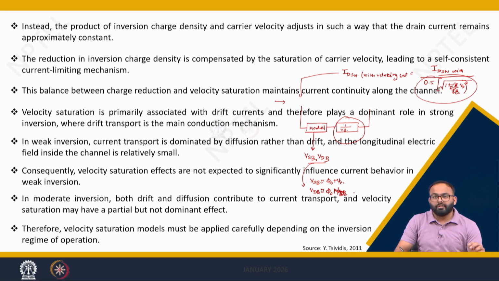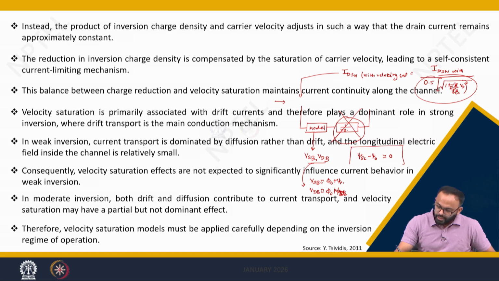However, in weak inversion, psi SL minus psi S0 is approximately equal to 0, so there is no current flow. Ultimately the role of this next block will be cancelled out when you operate the device in weak inversion. So, the suggested idea is to use the model in terms of surface potential instead of terminal voltages when you want to include velocity saturation in your existing model.